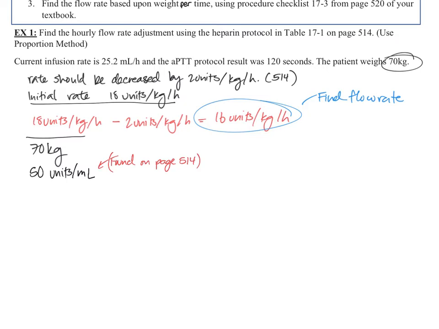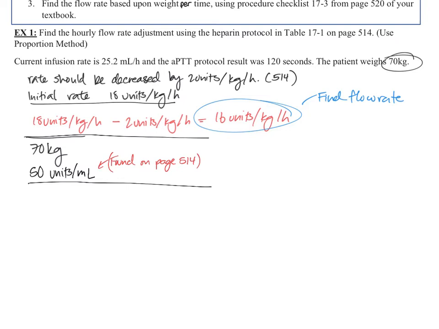Alright, so remember we're trying to find the hourly flow rate adjustment. So last step, we're going to do the calculation. Let's calculate the desired dose. We're going to multiply the weight by the ordered dose.